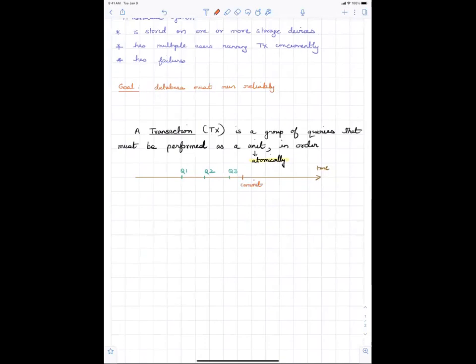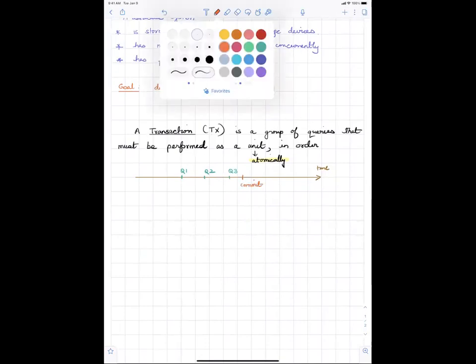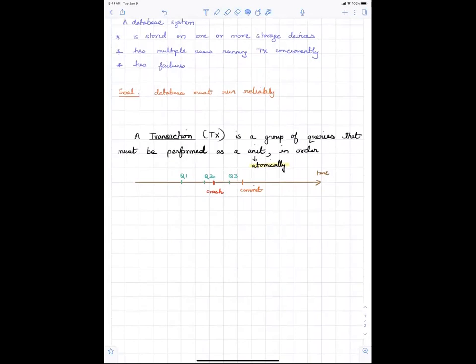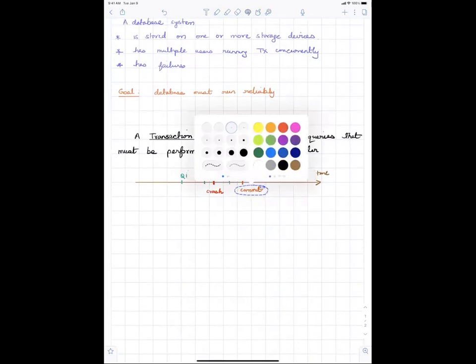Commit means everything has happened, in which case Q1, Q2, and Q3 have all happened. But suppose there is some kind of failure. Let's say you do Q1 and Q2, and then there's a crash out here. Commit is always a good thing. It means this is something you want to happen.